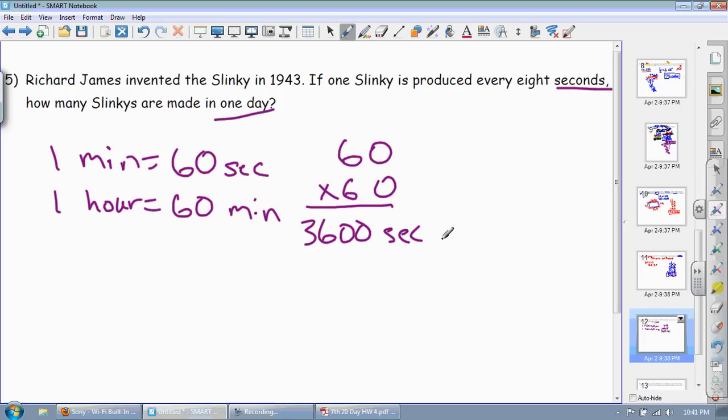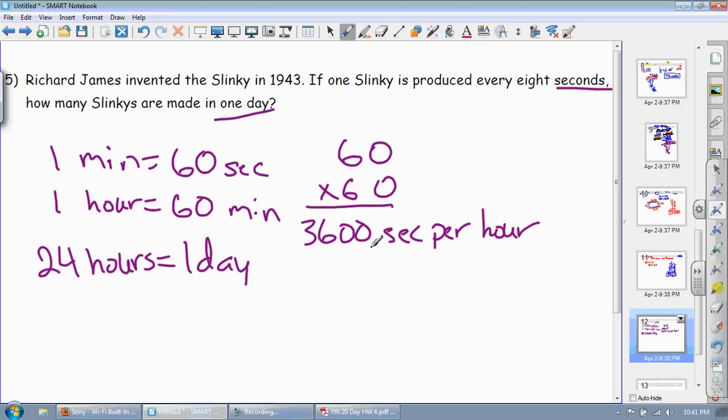And then we can go one step further. We say there are 24 hours in 1 day. So if there's 3,600 seconds per hour, to find the seconds in a day, we'd have to take 3,600 times 24.